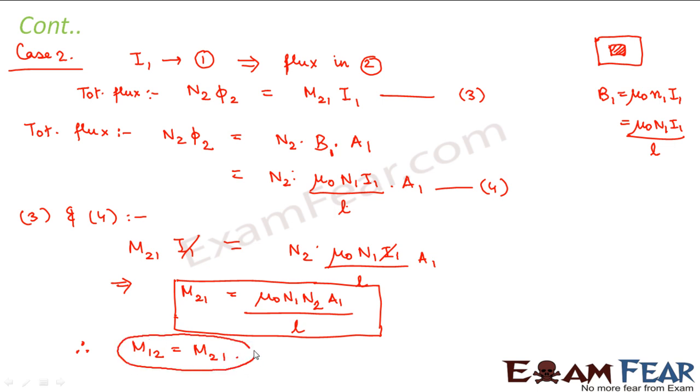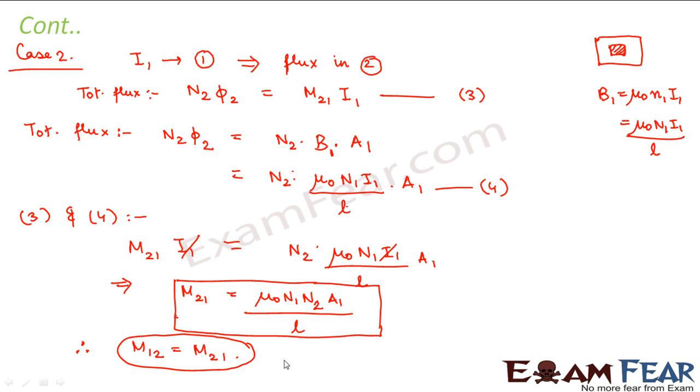So this is an important result, because many a times it so happens that if you have two long coaxial solenoids, it is easier for you to calculate the mutual inductance of the smaller solenoid with respect to the outer solenoid, but calculating the reverse is little more rigorous. So we can just calculate the mutual inductance of one solenoid with respect to the other, and then we know that the other way round also the value comes out to be the same.